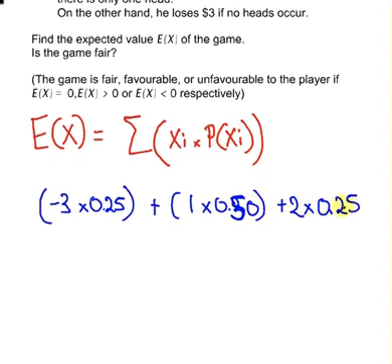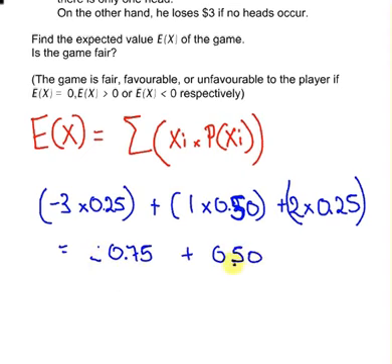So that is equal to minus 0.75 plus 0.50 plus 0.50, and that is equal to 0.25. So the expected value of the game is equal to 0.25.